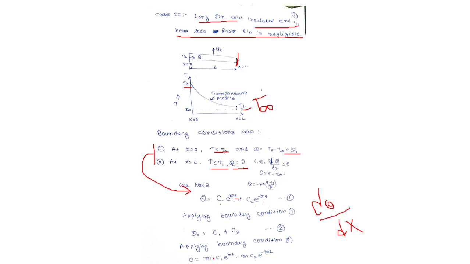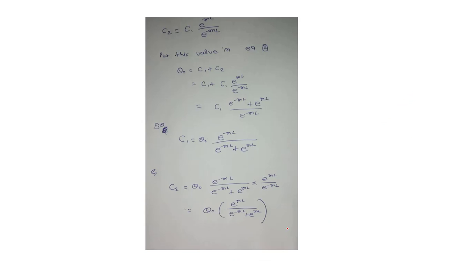In that equation we put x is equal to L and d theta upon dx is equal to 0, so we get this equation, and taking c2 as the subject, we get c2 is equal to c1 e raised to ml upon e raised to minus ml.